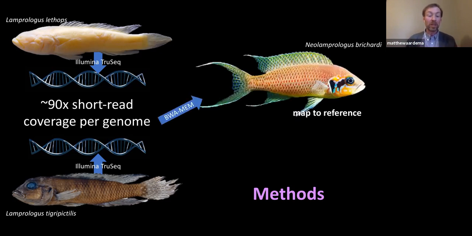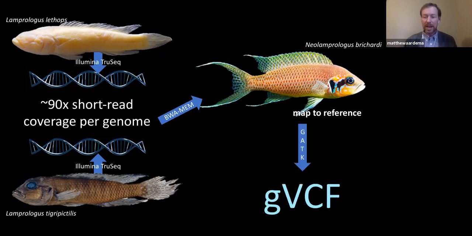Then we took that data and mapped it to what was, and I believe still is, probably the closest available cichlid genome, Neolamprologus brichardi. It was available and annotated. So we took our data from both of these Lamprologus species and mapped it to brichardi. And then we basically just called SNPs.